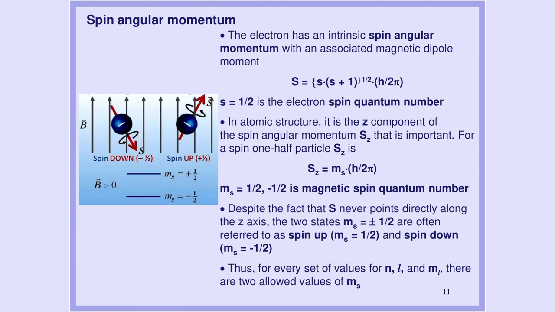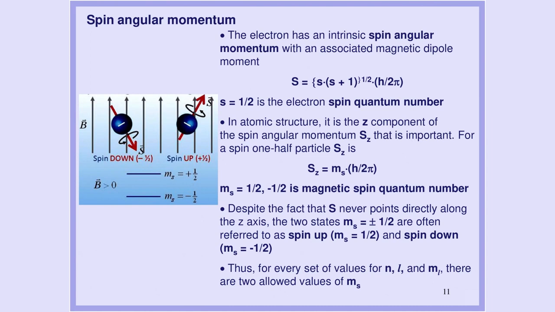In atomic structure, it is the z component of the spin angular momentum that is important. For a spin 1/2 particle, this z component equals the magnitude shown by the formula.